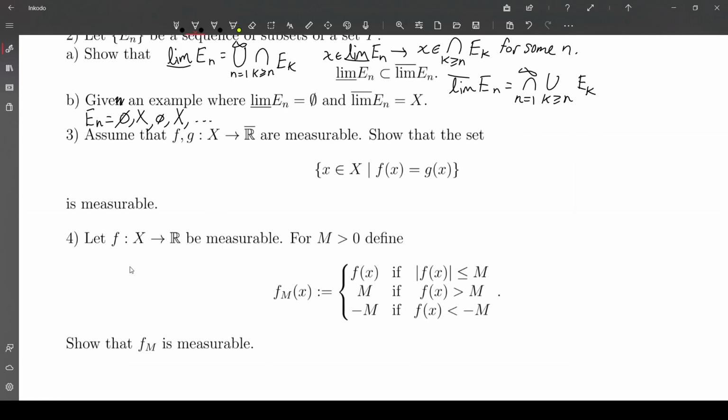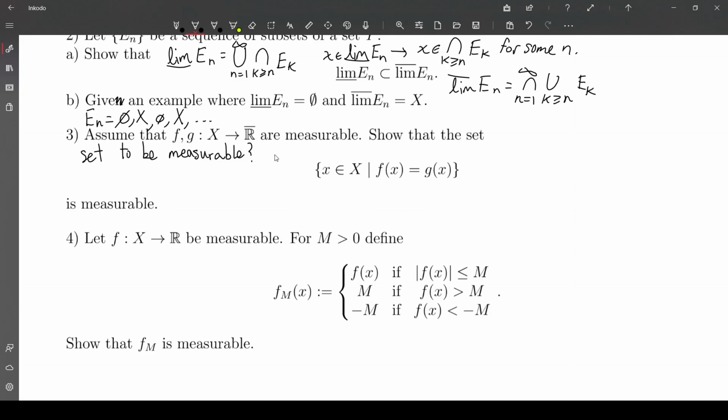Now, I'm not going to talk about 4, but I'll talk about 3. So here we talk about functions being measurable. So first, what does it mean for a set to be measurable? Well, a measurable set is just an element of a sigma algebra.